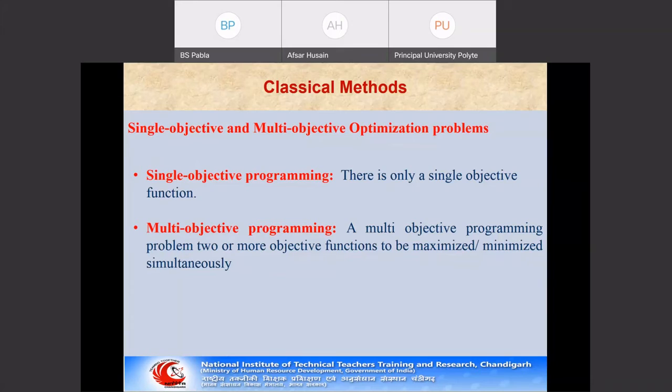Or I give more weightage to the cost and less weightage to the surface finish. That depends on what I want. So I can have a single multi-objective function, which is basically a weighted average of different objective functions.